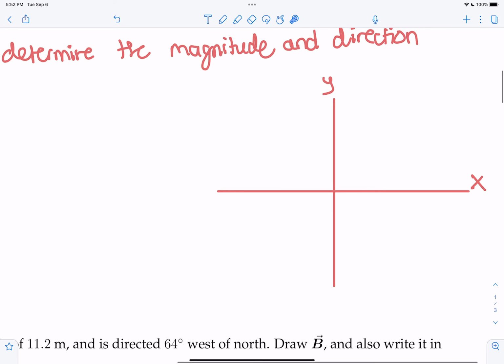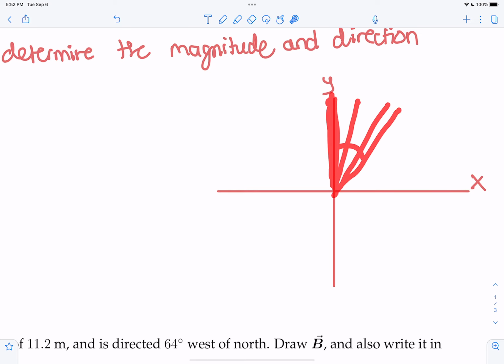So if I, for example, have this vector pointing this way, and this is the angle I want to specify, let's say this is a 30-degree angle, then in order to describe this angle with a cardinal direction, I have to describe it based on its location relative to the axes. Imagine this angle right here. I created this angle starting at the y-axis. Think of the y-axis as a rod, so I grabbed it, and then I extended it this way until I make that angle that I'm looking for.